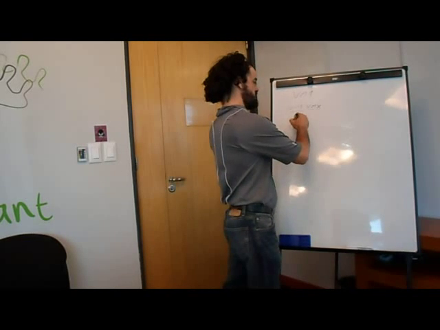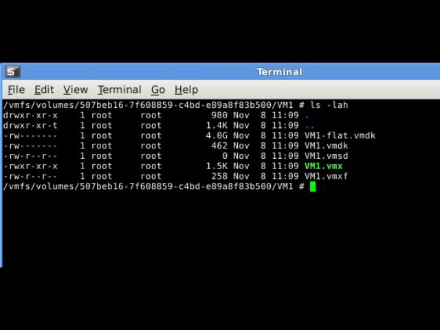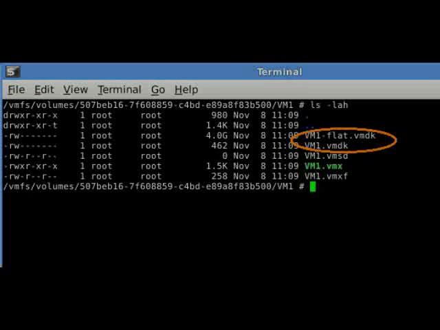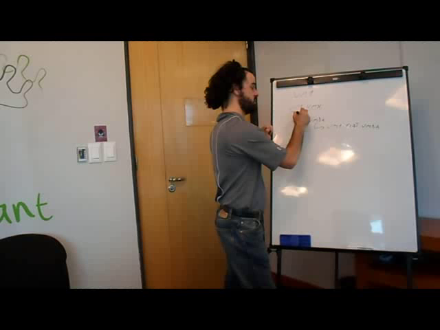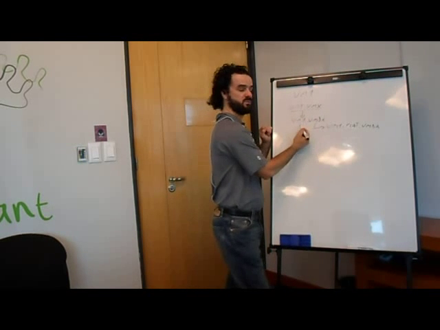And then I have a file named vm1.vmdk. This file points to a file named vm1-flat.vmdk. So we have the VMX pointing to this file. This file is just a simple header.